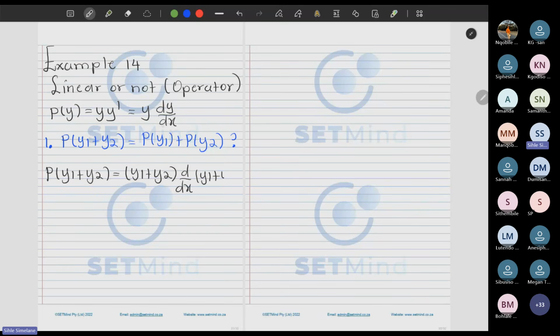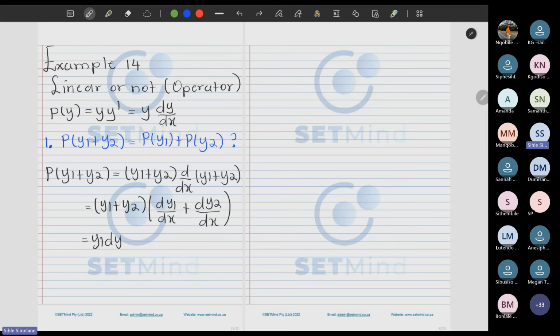of y1 plus y2. You can easily multiply these, but let's start off by having y1 plus y2, and then dy1/dx plus, we know we can write this as dy2/dx. So let's multiply this. I'll multiply y1 with dy1, so I'll have y1 dy1/dx.